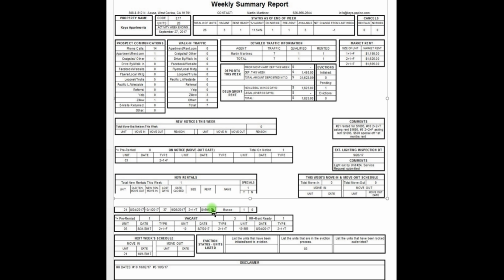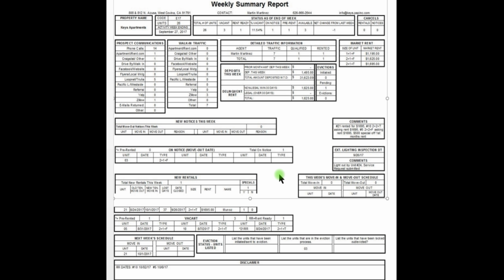In addition, the WSR shows vacancy details, rent-ready details, which units are in the eviction process, as well as scheduled move-ins and move-outs, and lighting inspection information. This report is a valuable tool for managers and supervisors.